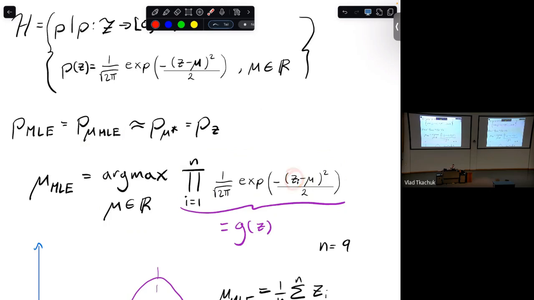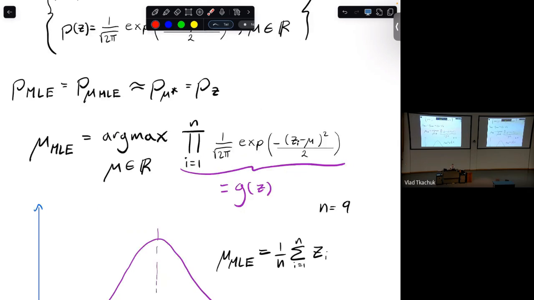So there are n data points here, and we take the product of each one of the corresponding PDFs with that data point plugged into the PDF. Okay, and then the way we map this to optimization world is we say, oh, this is just a function. It's like g of z that we've seen before. Here, of course, I made a mistake because g of z is not a function of z, it's a function of mu. The parameter is now mu.